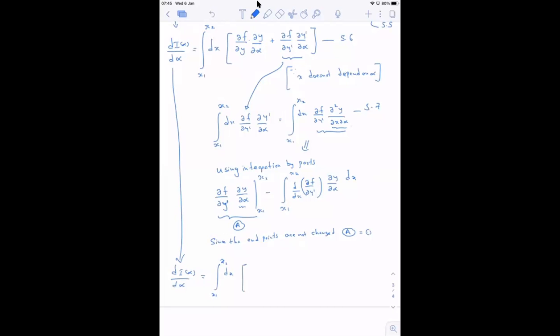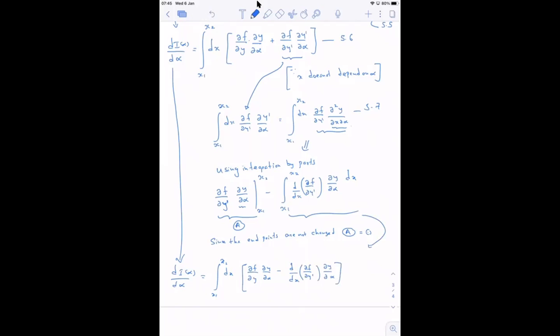We have this term right here which is not changed, ∂f/∂y times ∂y/∂α, minus d over dx. Now you just get the second part only in this expression right here, because the first part is 0, and then ∂f/∂y' times ∂y/∂α, right?